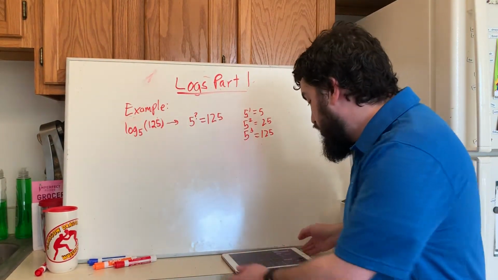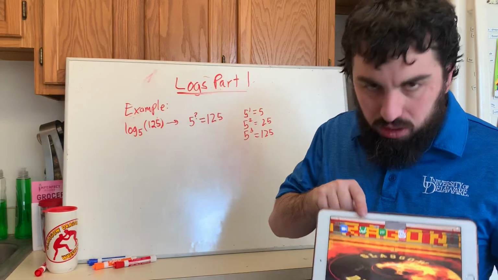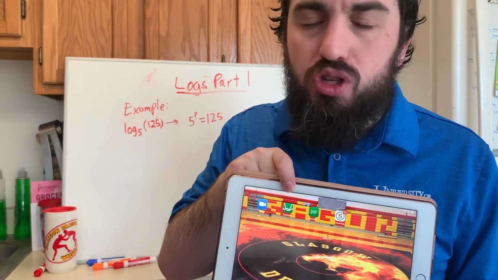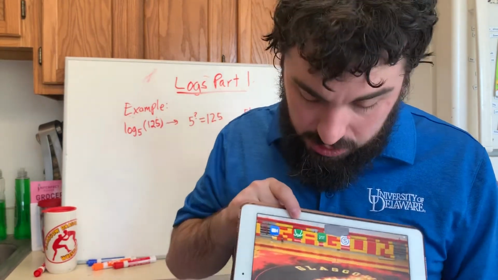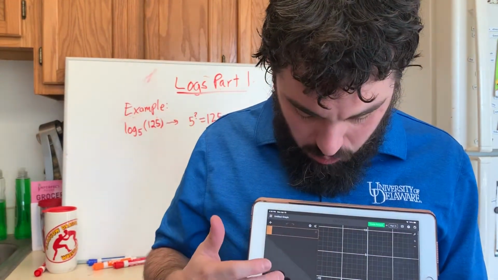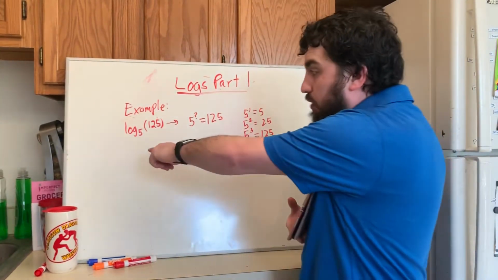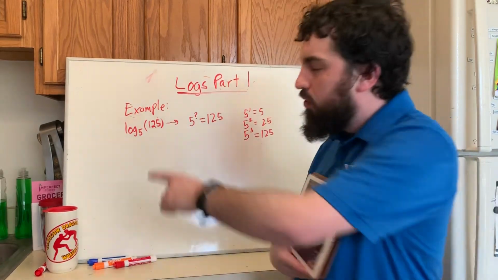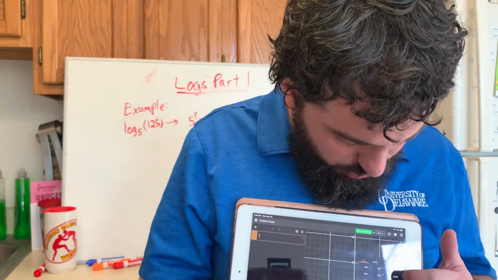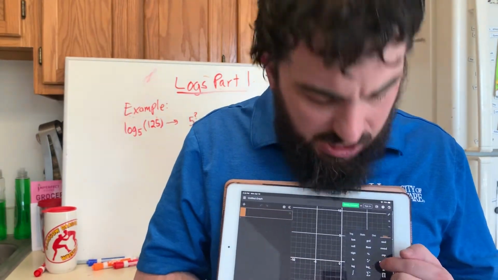We are going to use the Desmos calculator. I went and downloaded the Desmos Graphing Calculator app. It is awesome and it is powerful. I'm going to go into here and it will allow me to just type it in like I wrote it, log base 5 of 125. So I'm going to go to functions. If I go over to miscellaneous, we'll see log base a.